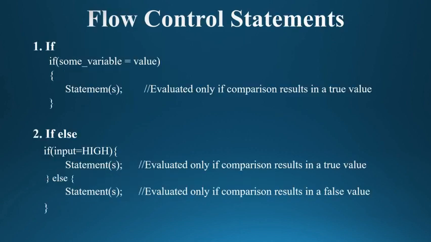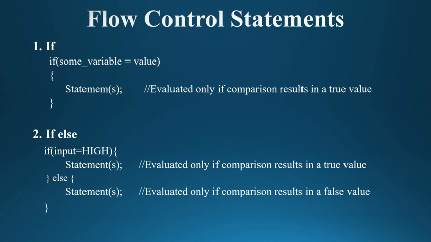Now I will be going to the flow control statements. There are totally 5 flow control statements: if, if else, for, while, and do while. First one is the if flow control statement. The if statement executes only if the condition has a true value, and its syntax is if followed by the variable name and the operator.